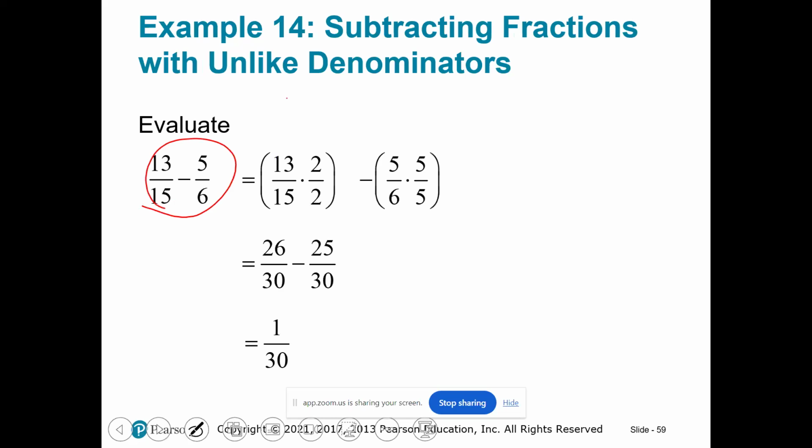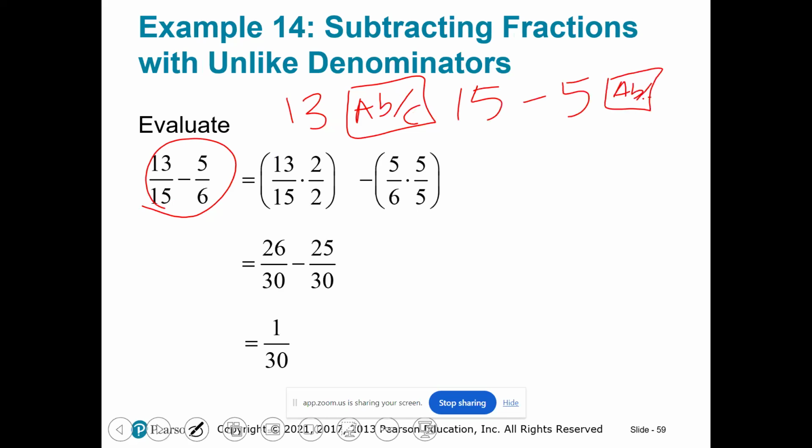Something like this one, you would just type in 13 ABC 15 minus 5 ABC 6. And it'll go right to the final answer here. You won't even see all that intermediate work. Totally fine to use this. Great extra shortcut. Make sure you learn how to use that key.